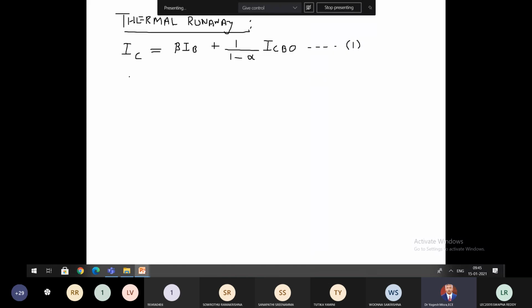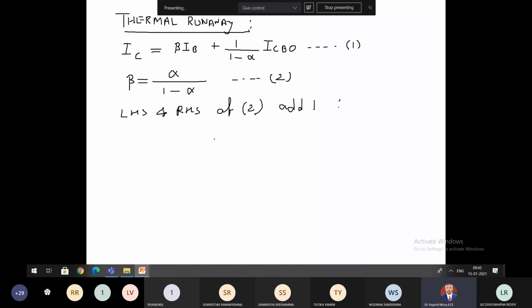And also we know that relation between alpha and beta. So beta is equal to alpha by 1 minus alpha. This is our equation number 2. Right. So now in equation number 2, what I will do, in left hand side and right hand side of 2, we will add 1. So what we will get?